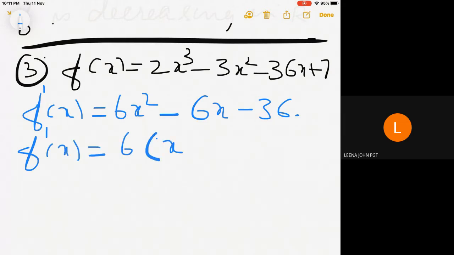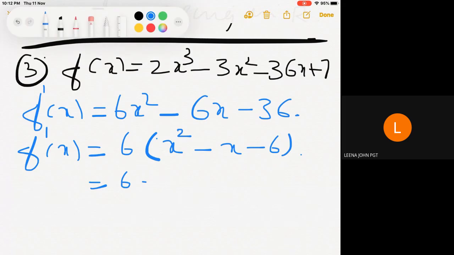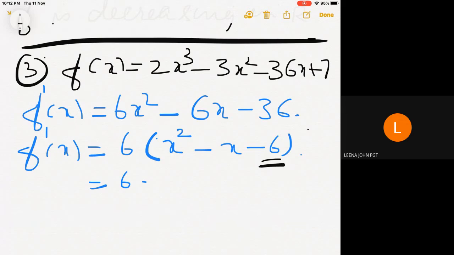So it is x square minus x minus 6. You can factorize it by splitting the middle term. Here the product is minus 6 and the sum is minus 1. So the factors are x minus 3 into x plus 2.